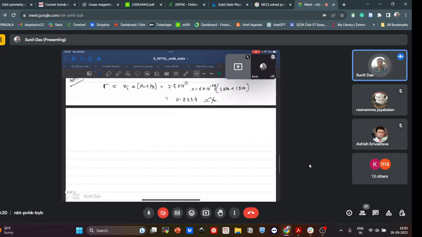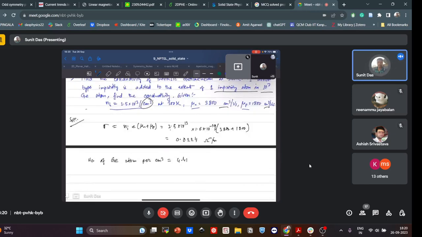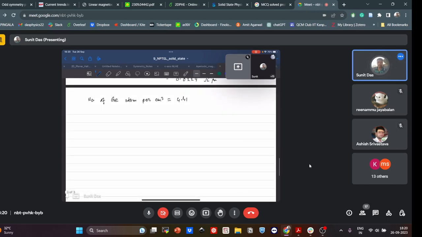Now we need to know the number of germanium atoms per cm cube. Here in the question it is not mentioned, but it is 4.41 into 10 to the power 22.